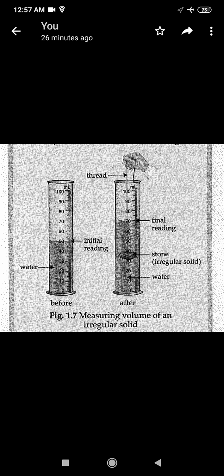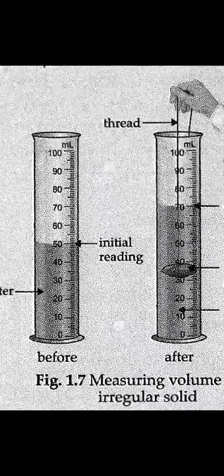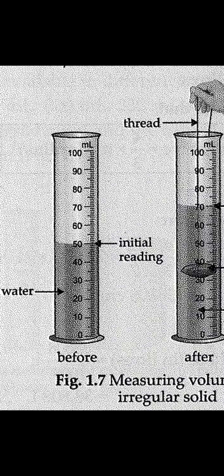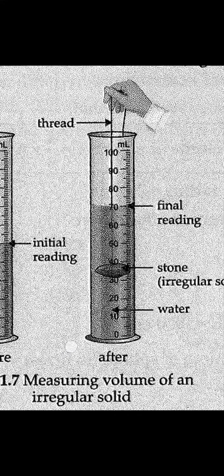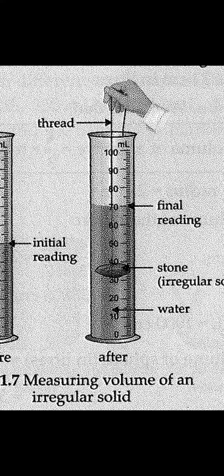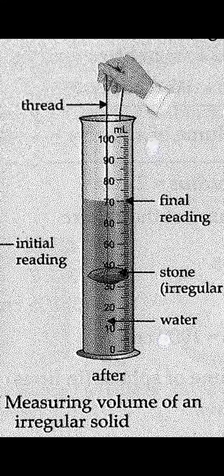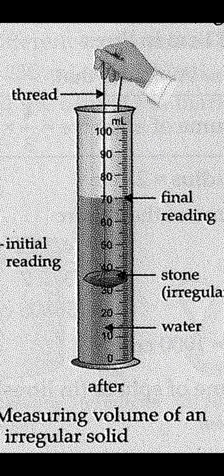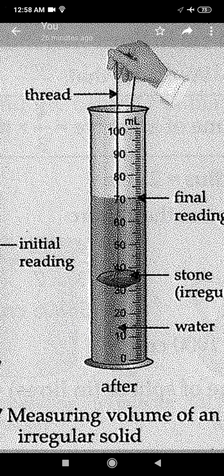Let us understand with an example. Take a measuring cylinder with water, suppose up to 50 milliliter, and then submerge a stone tied with a thread into the cylinder. Now what will you observe? You will observe that water will rise.